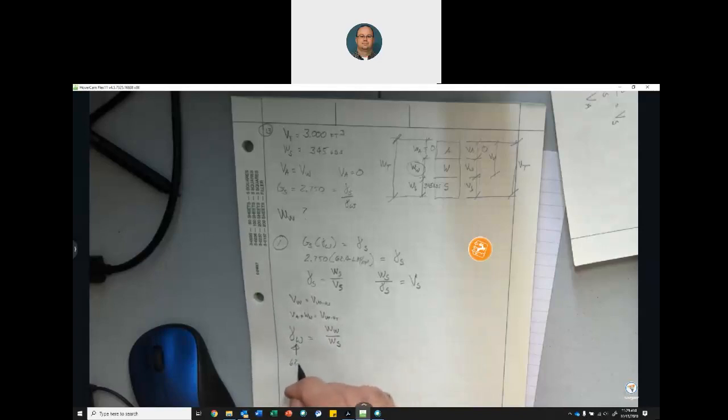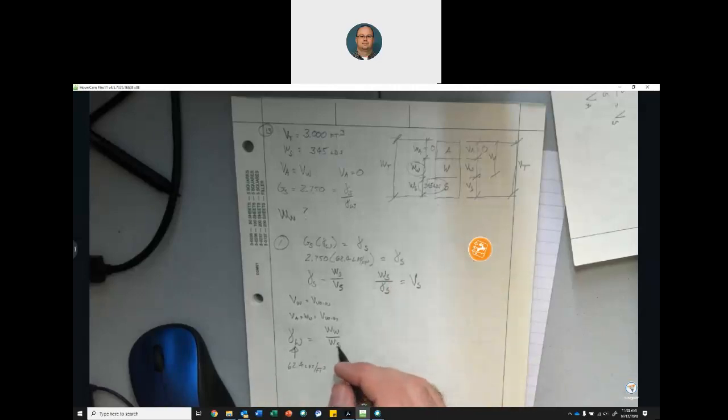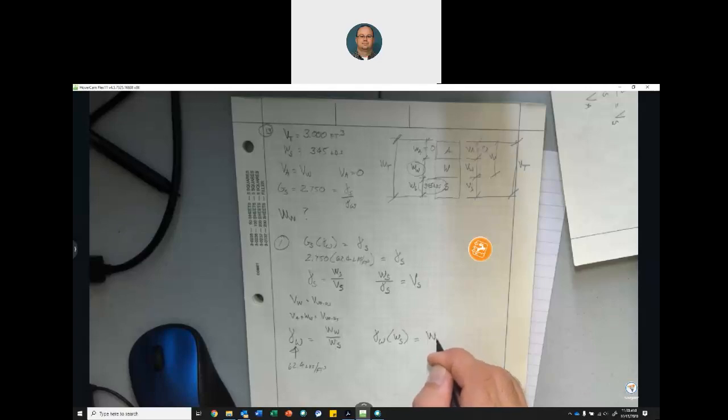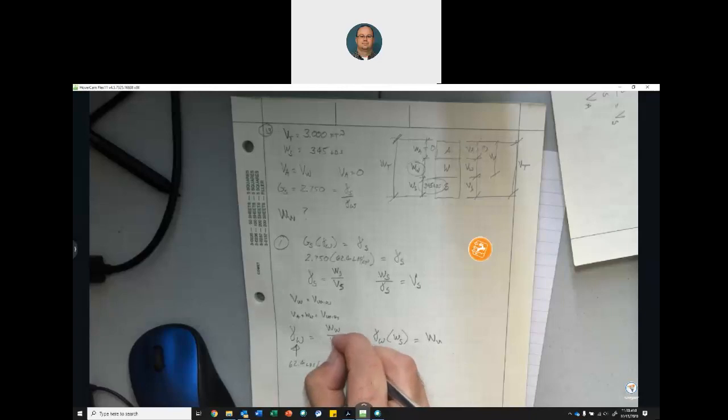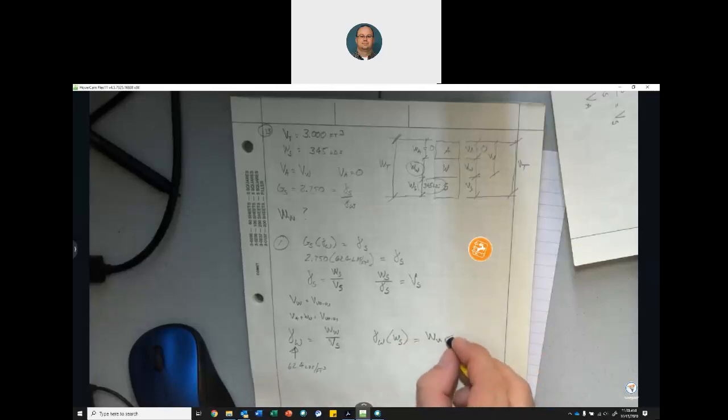This equals 62.4 pounds per cubic foot. Do we know my weight of solids? Yes, because I gave it to you right here. So unit weight of water times weight of solids will equal my weight. Oh, I'm sorry. Back up. That's moisture content. I do need that. Apologize.